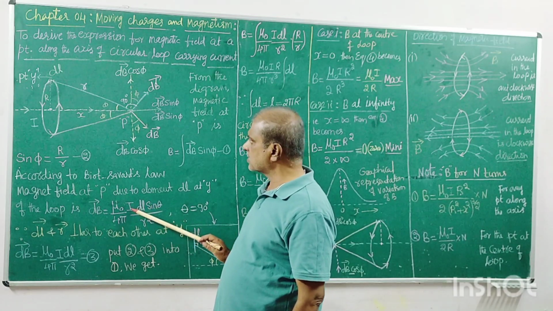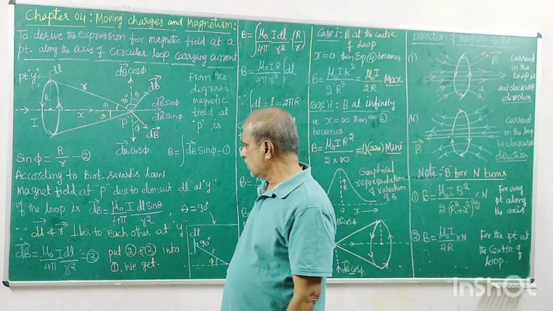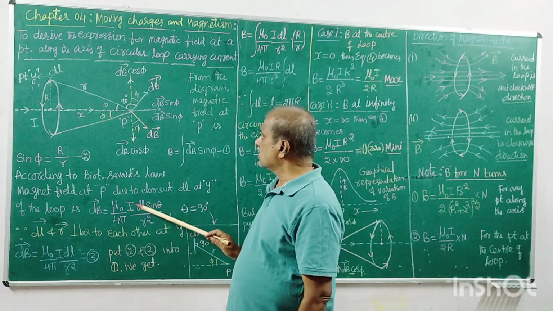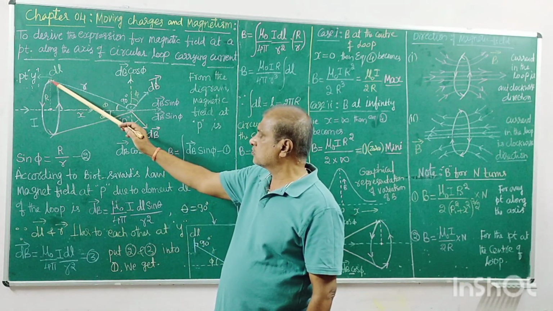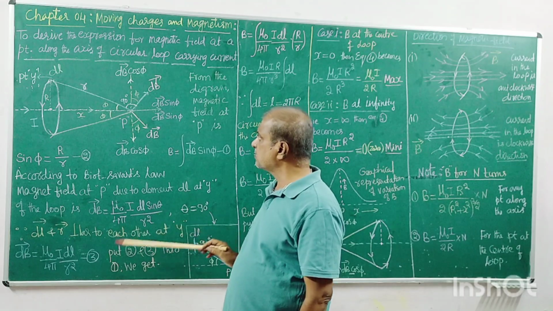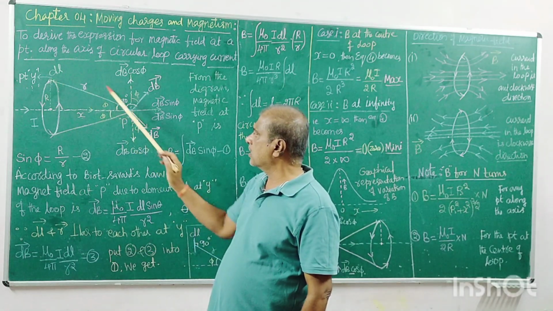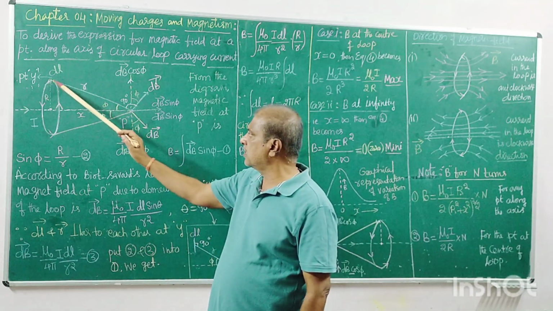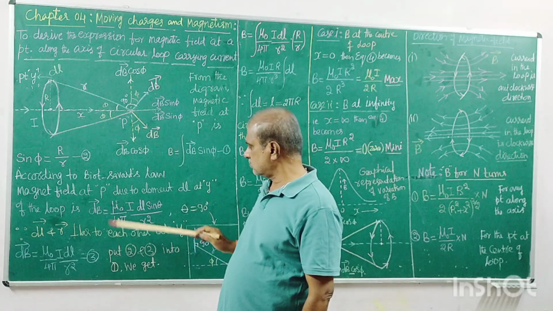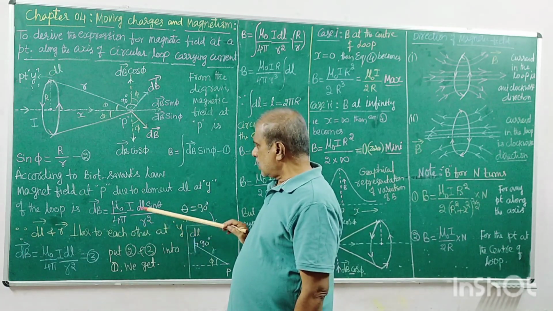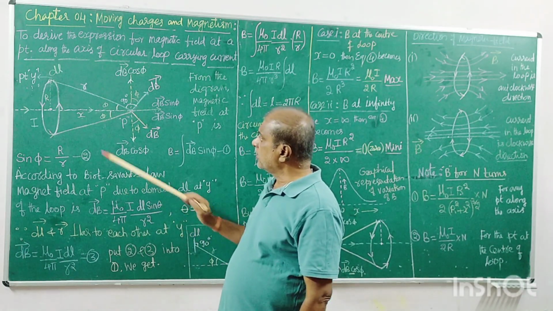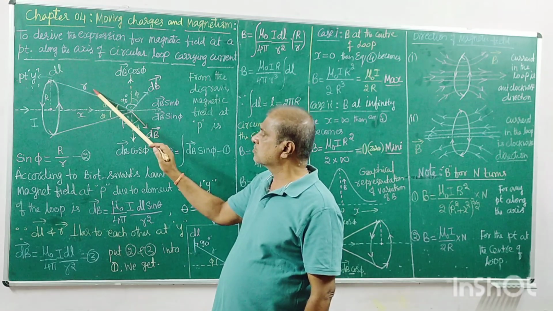I is the current strength in the conductor and dl is the length, and r is the distance between the point and the element dl, and theta is the angle between dl and r.